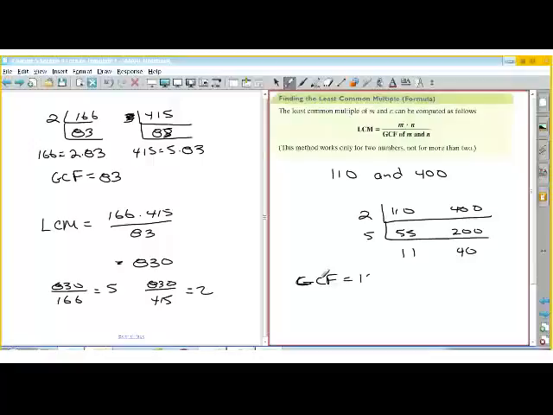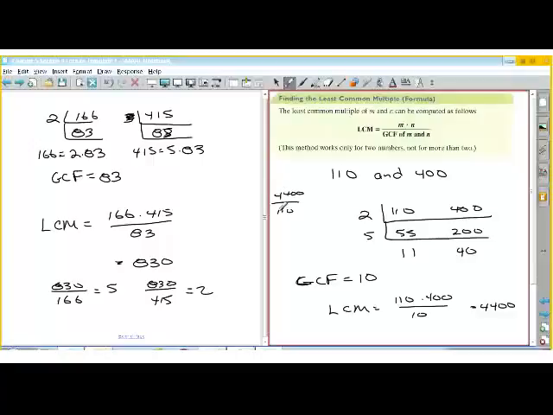So the greatest common factor is equal to 10, multiplying these two numbers. So the least common multiple is going to be equal to 110 times 400 divided by 10, and it turns out the least common multiple of those two numbers is 4,400.